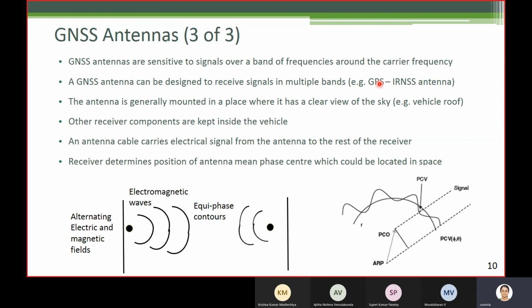So it will receive signals over a band around these three carrier frequencies. Then IRNSS has two bands, L5 and S. So an antenna can be designed to receive signals over multiple bands. Each band has a corresponding carrier frequency.